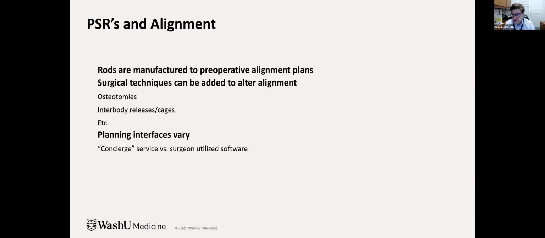I've noticed two main interfaces. One is what they call a concierge service. You will talk with an engineer, tell them what your goals are for surgery. They offer a plan back to you, and then you can say, yes, that's the plan, or I'd like to make these changes, and you can do an iterative process.